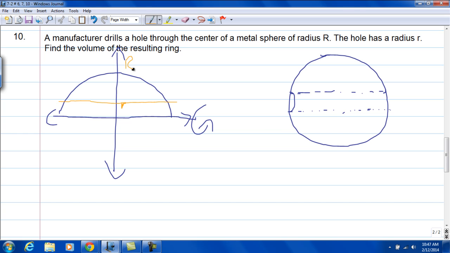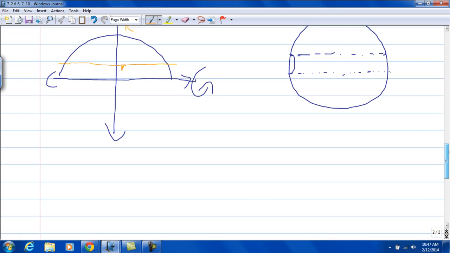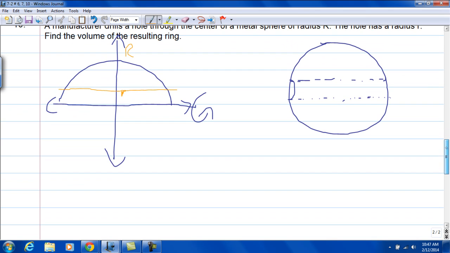So we want to come up with an equation that has this upper curve subtracting the lower curve. So let's think for a second about the equation of a circle. A circle is x squared plus y squared equals capital R squared, because that's what we're using for the radius of the sphere for this circle here. Then we solve for y.